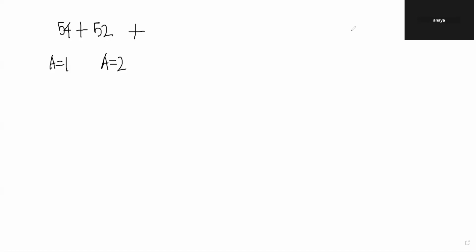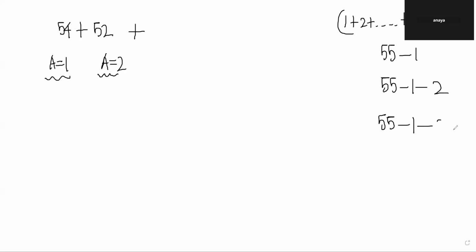How did we get 54? By doing 1 plus 2 plus up to 10 minus 1. In the second case, it was 55 minus 1 minus 2, then 55 minus 1 minus 2 minus 3, and so on. You will get 49 here.